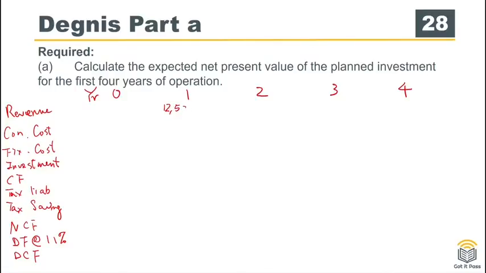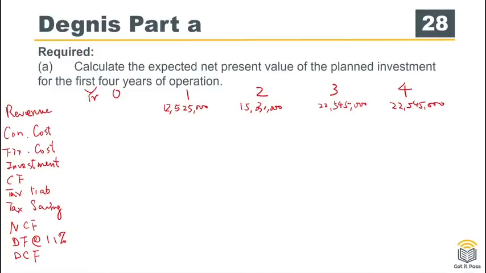For the first year, we got the revenue, and for the second year, we got 15 million and 30,000. For the third year, 22 million 545,000. The fourth year is the same as the third year.